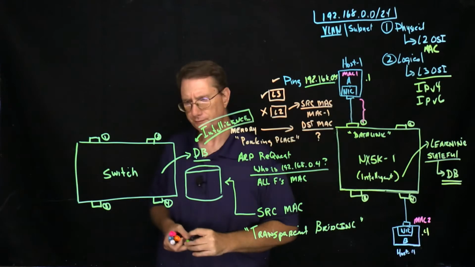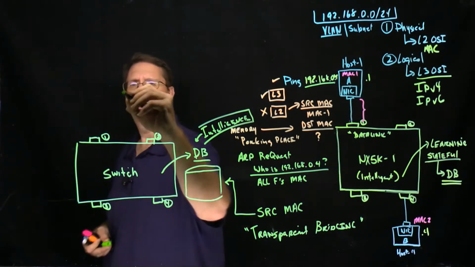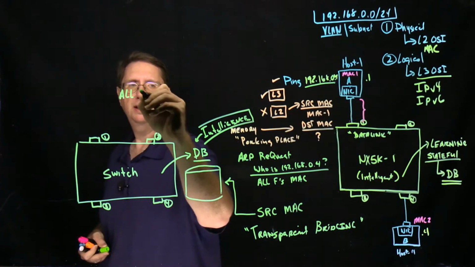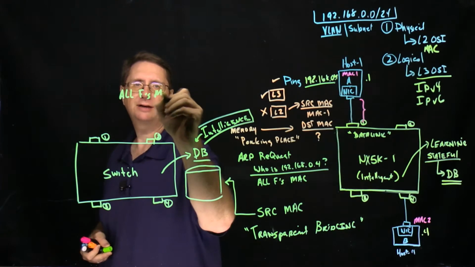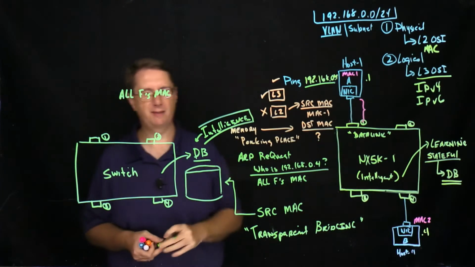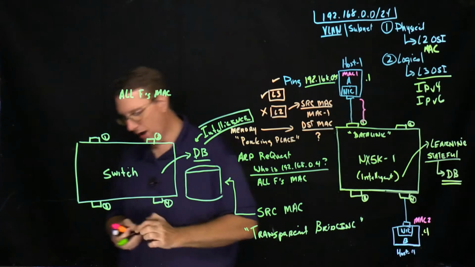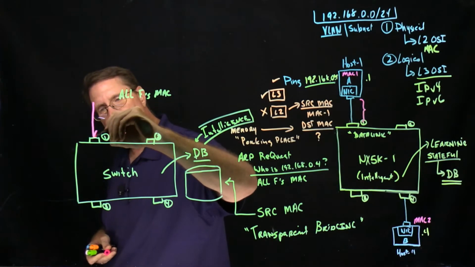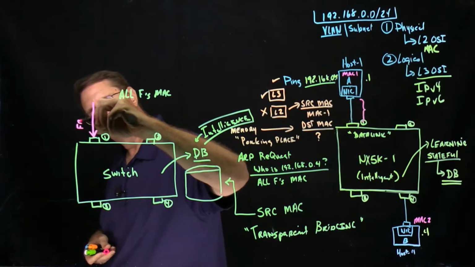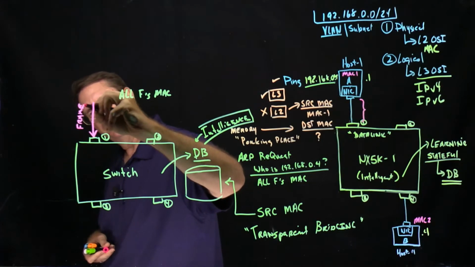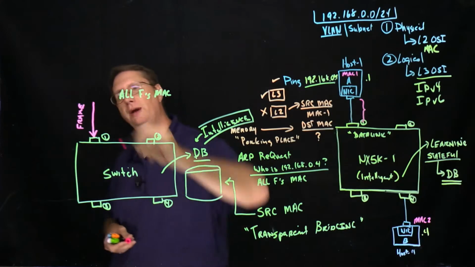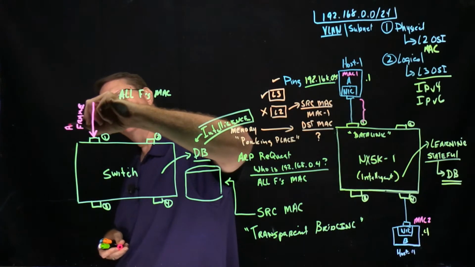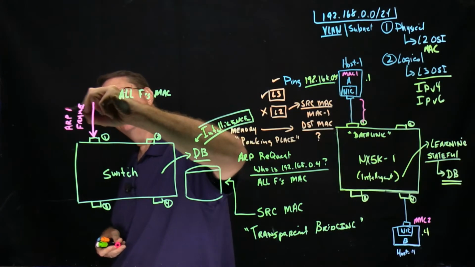Now, let's look at this idea of the all Fs MAC address, trying to prevent from having to write it down. So we know that right now this host is sending a frame into this switch. And we know that this frame is referred to as my ARP request.